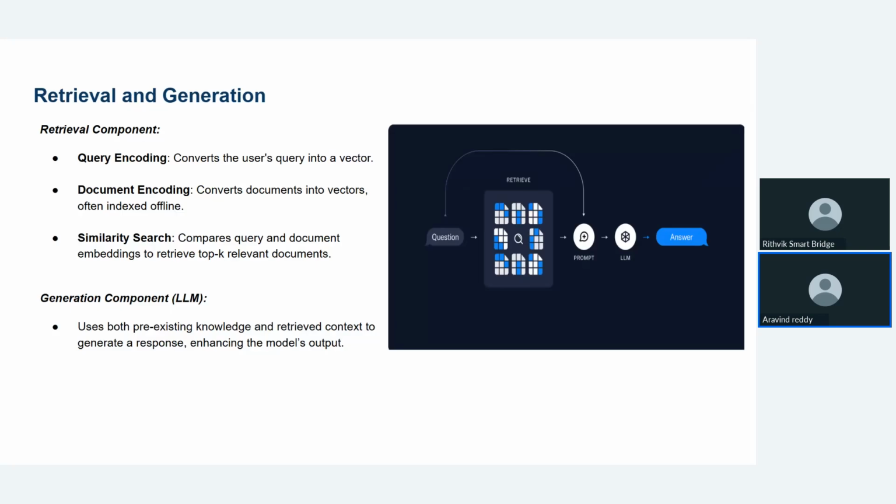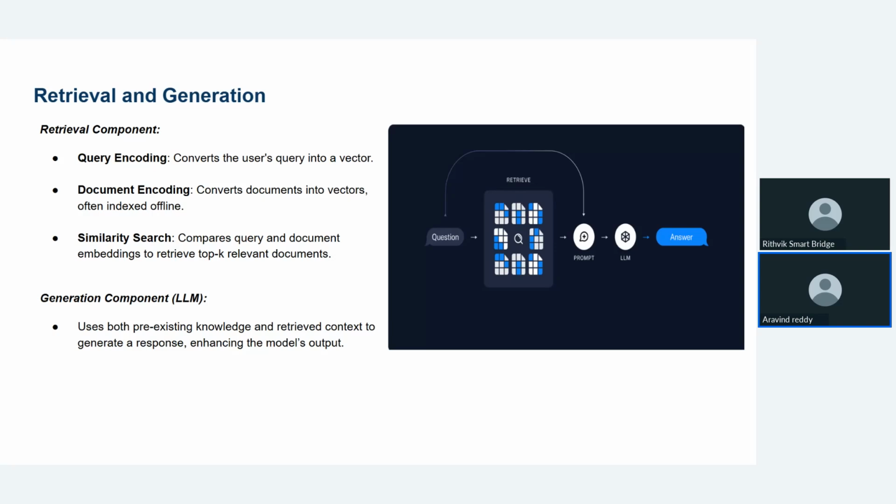Okay. Next, retrieval and generation. Coming to this part, this is the main part. Till now, we have covered how we generally handle NLP tasks: we get the data and do the pre-processing steps.